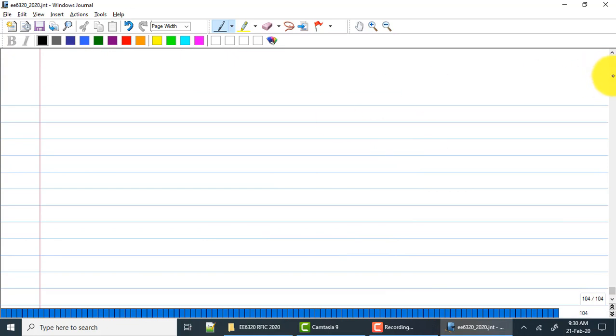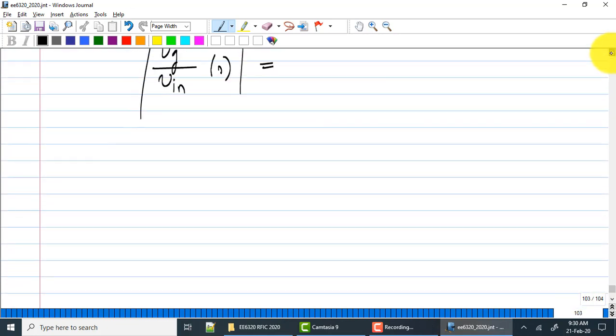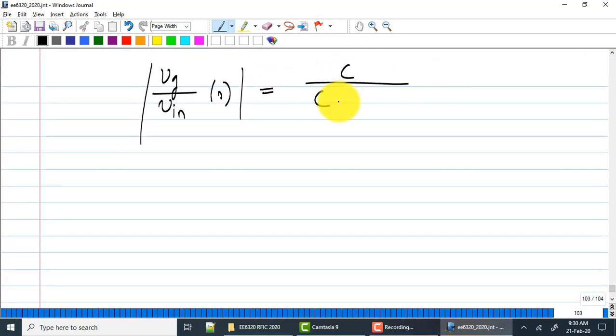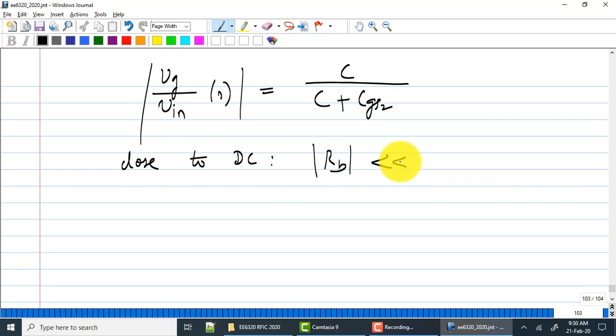So this is just C by C plus CGS2. It just becomes a capacitive divider. If I go down very close to DC, RB of course is much, much smaller than 1 over omega CGS2.